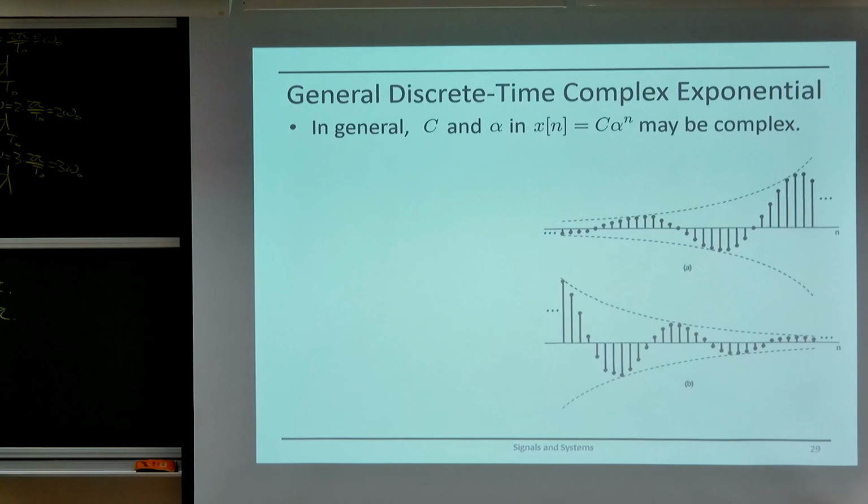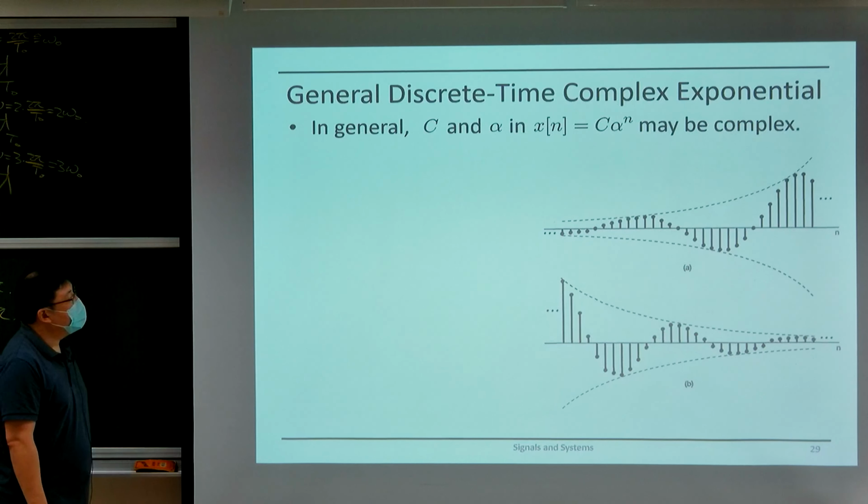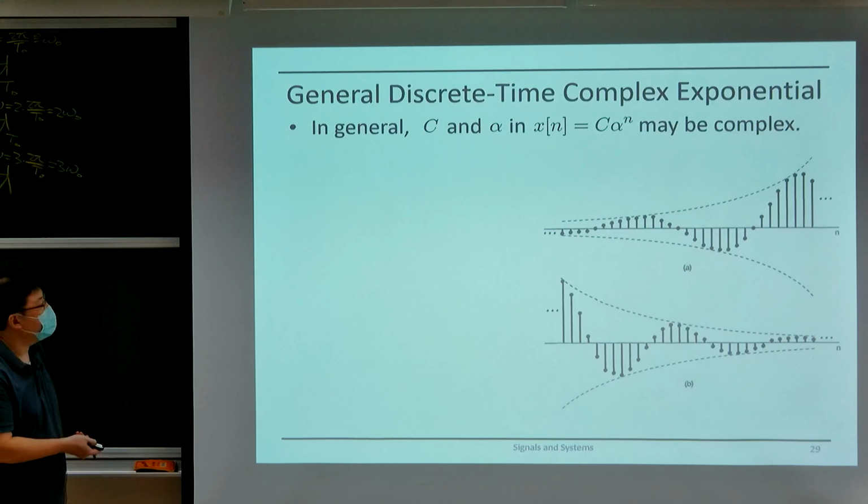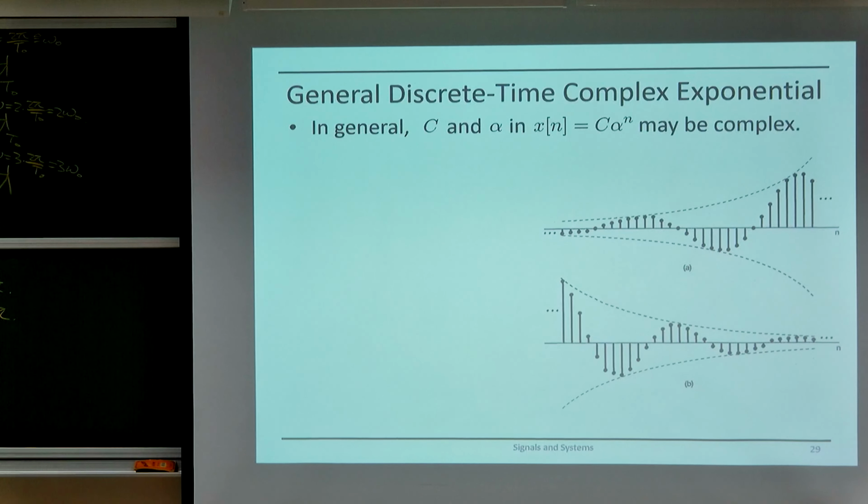Now again, in general, we can let C and alpha be complex. In this case, we follow the same insight as before.